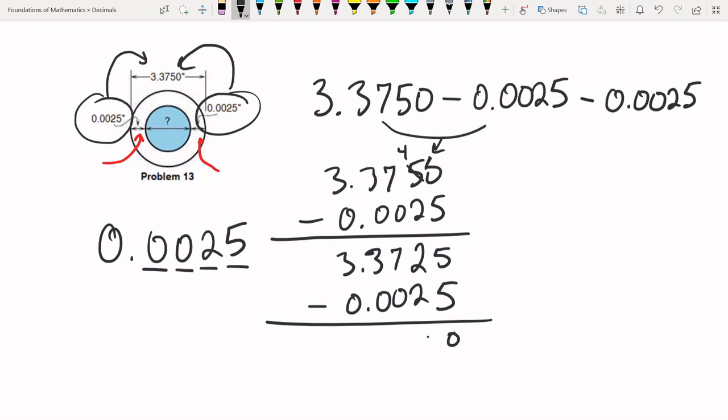We get 3.370. And there is our final interior diameter width of the pipe. This will of course be in inches. The double apostrophes stand for inches.